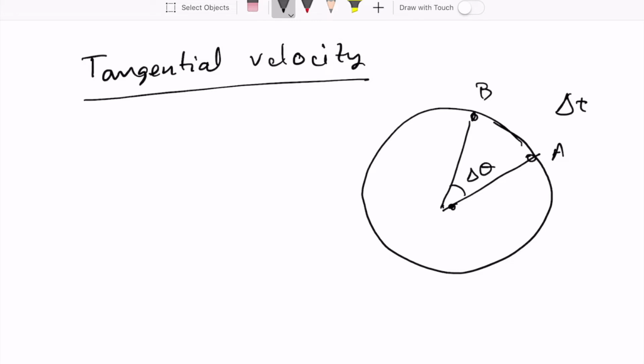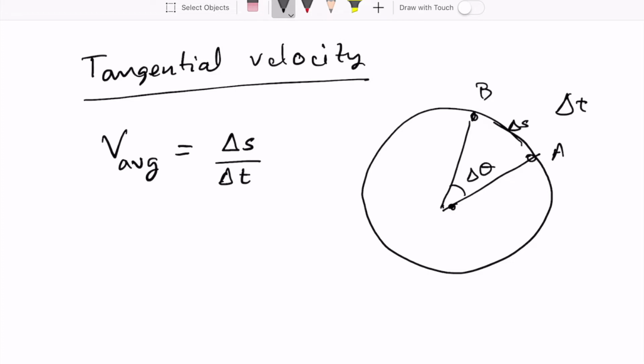The arc length that it covers, which is the physical distance that it covers on the circle, is delta s. Now, what is the speed at which the object is moving along the circular path? That would just be v average, the distance divided by the time.